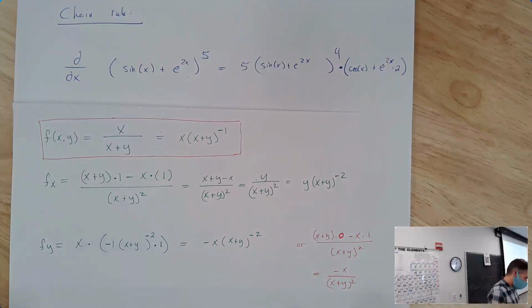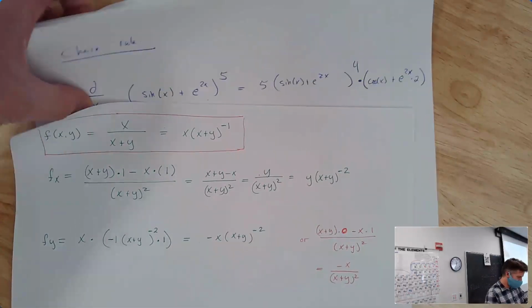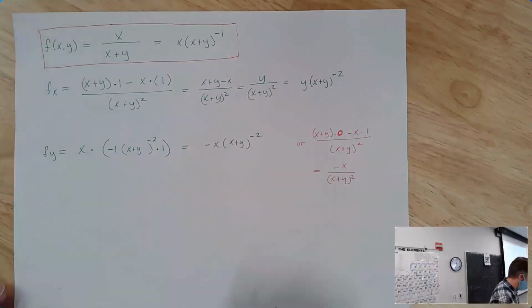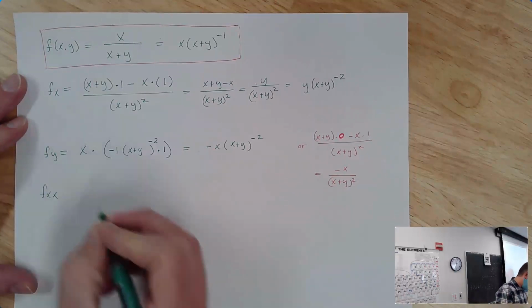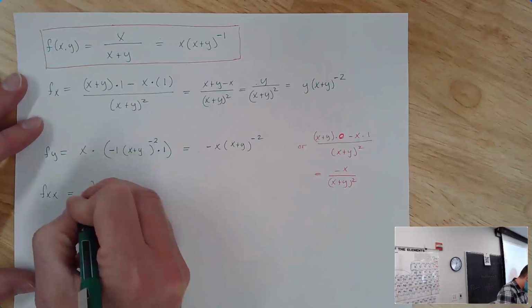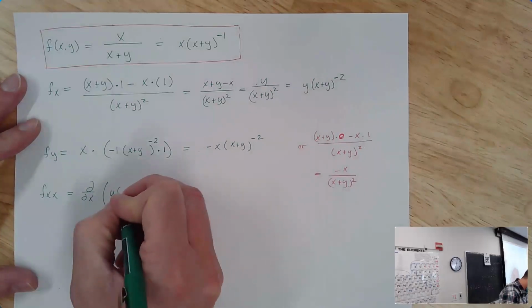All right, let's find the second partials. Let's find fxx, fyy, and both of the mixed partials, fxy and fyx. So fxx: I'm taking the derivative with respect to x of the derivative with respect to x.